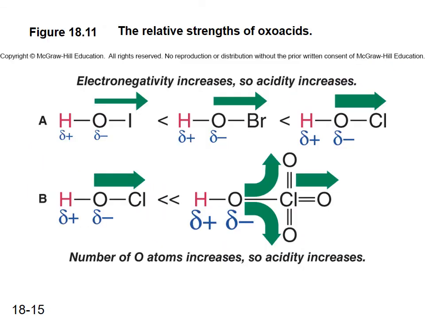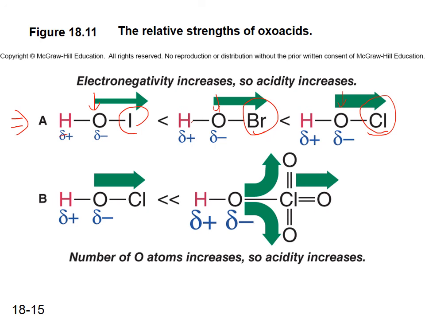Here shows two examples of the relative strengths of oxo acids. In A, we show three oxo acids. One is iodine bound to one oxygen and hydrogen. The second one is bromine bonded to oxygen and hydrogen. And the third one is chlorine bonded to one oxygen and hydrogen.